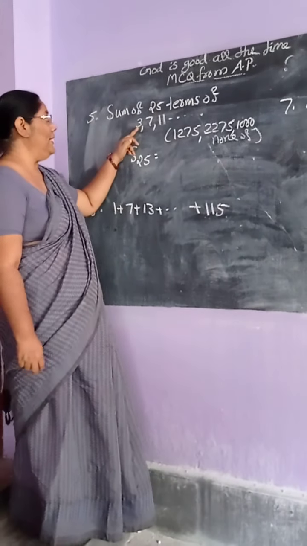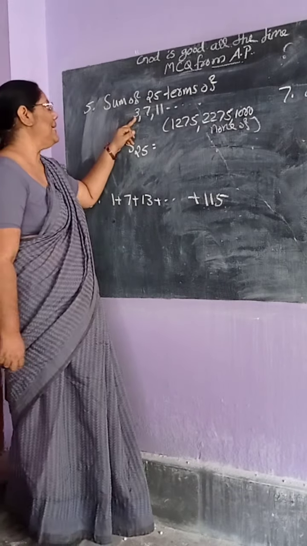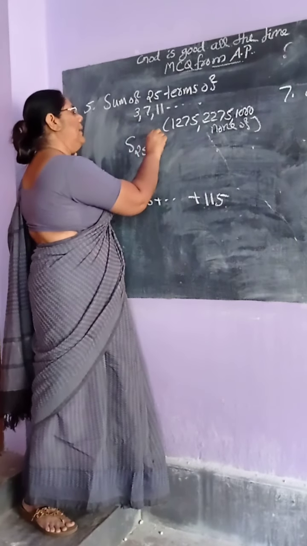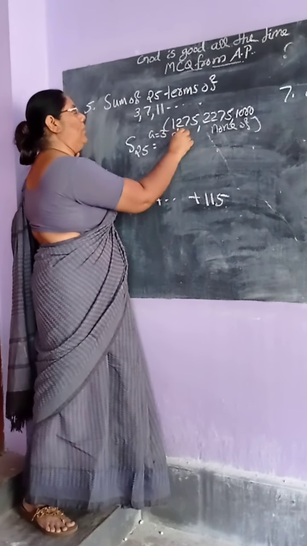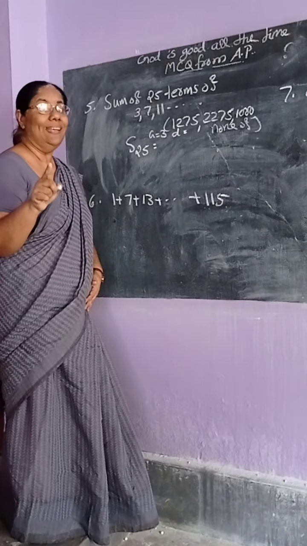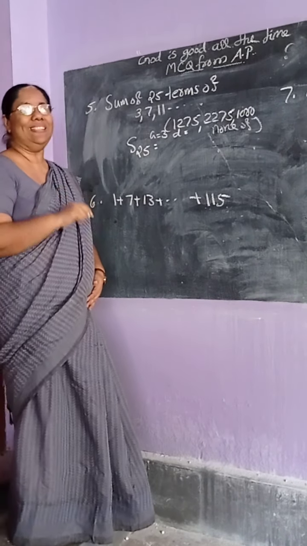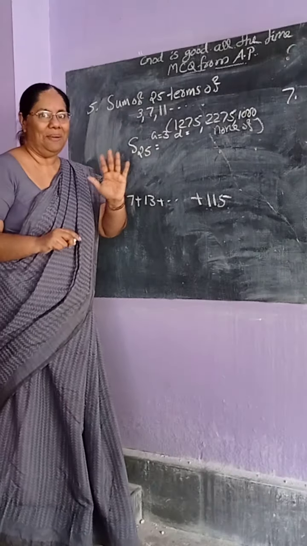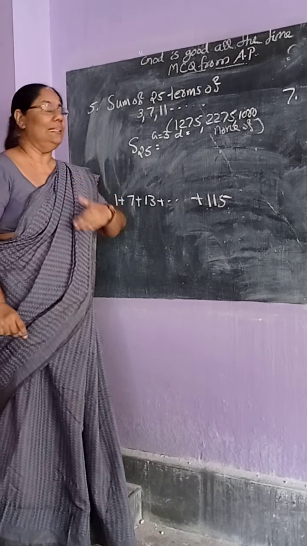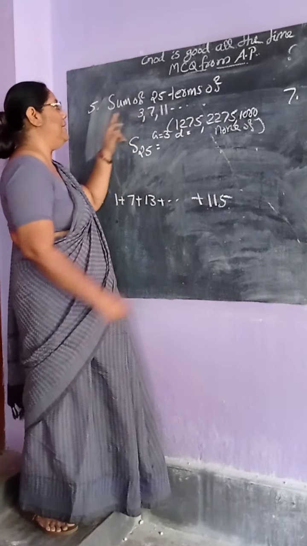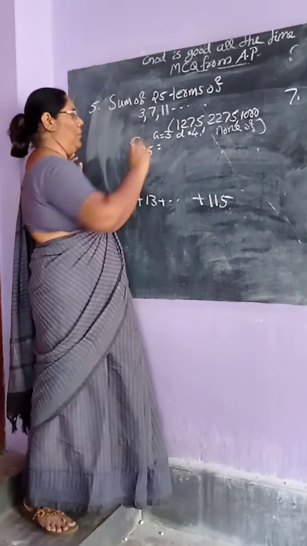Then, can you write what is A equal to? Yes, A equal to 3. All of you write A equal to 3 and D equal to, remember, D is second term minus first term, not first term minus second term. 7 minus 3, that is equal to 4.